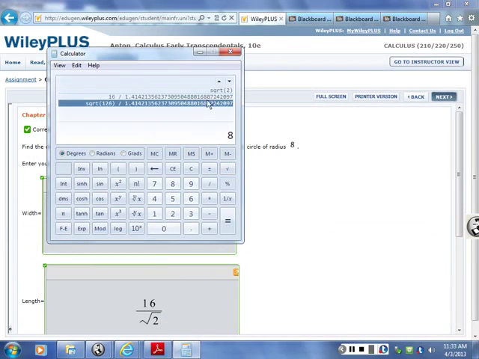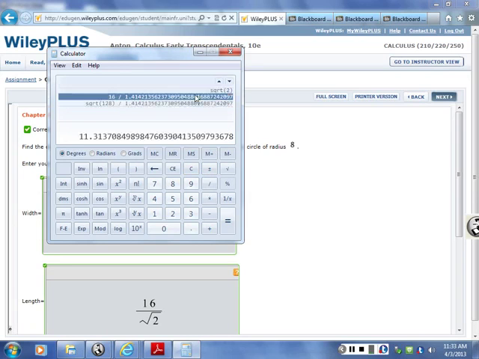What happened there? I divided it by the answer. So here, square root of 128 is the same thing as 16 over square root of 2.